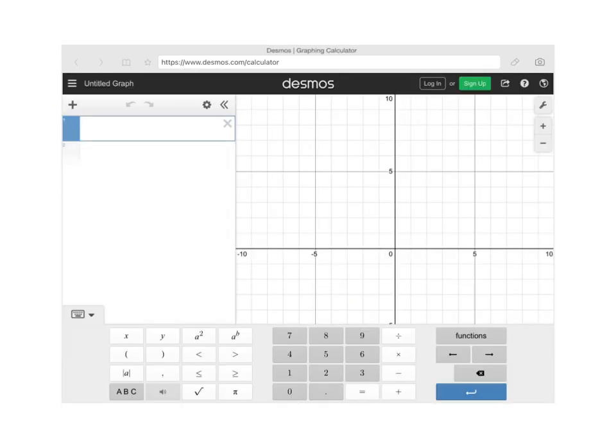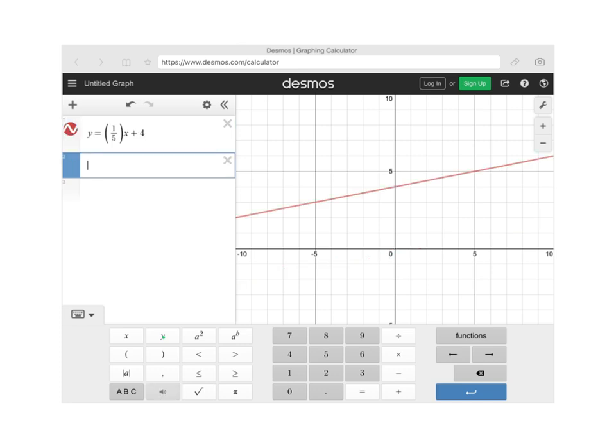So let's graph this. Let's actually do the 1/5 first. In parentheses, 1/5 x plus 4, I believe. There's that equation. Now let's do y equals -5x plus 4.